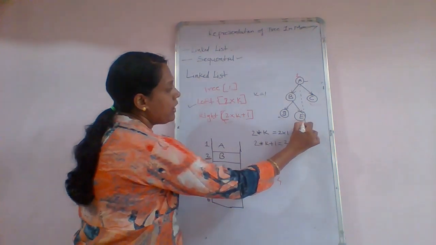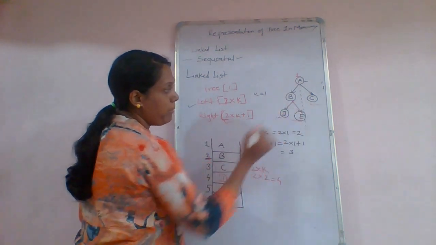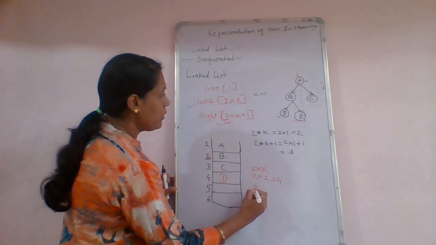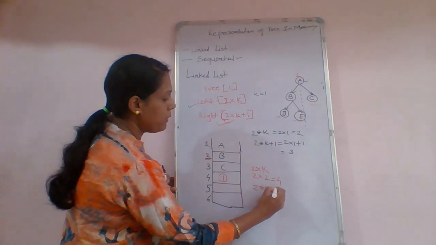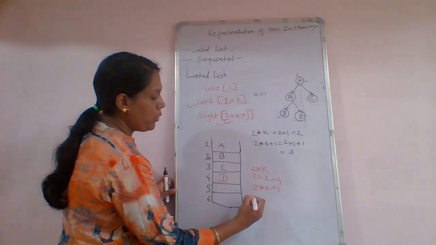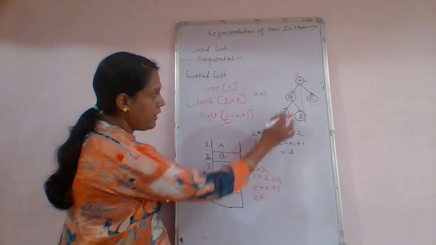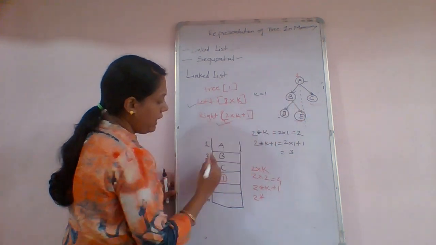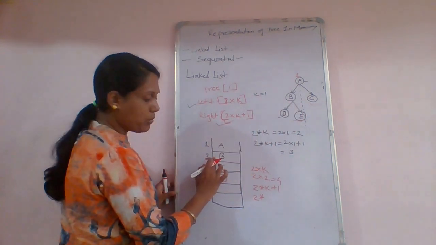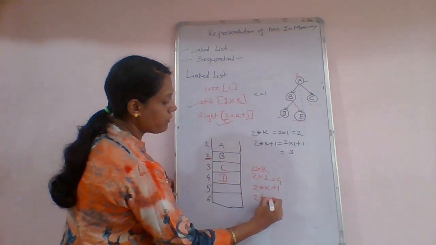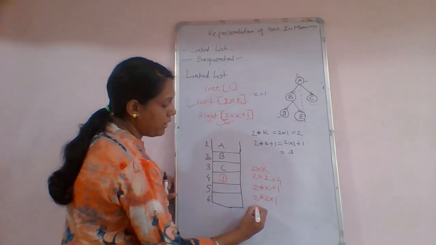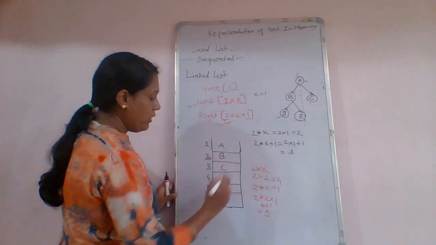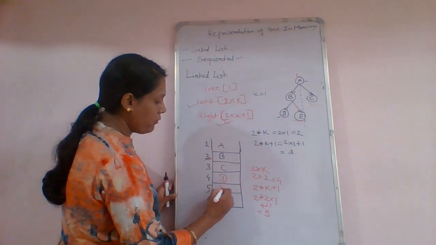Now E. E is at the right side of the B. So what is the formula when it is at the right side? 2 into K plus 1. What is the K? That is the parent. The parent of E is B, and B is located at the second position. So 2 into 2 plus 1, that is 4 plus 1 is equal to 5. So E is located at the fifth position.